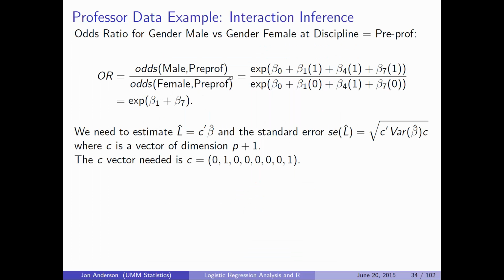If we go through the coefficients for the odds model for logistic regression, we'll have an intercept term. We'll have beta 1 multiplying the gender indicator, and the gender indicator is 1 for a male faculty member. The 4th beta parameter will be multiplied by a 1 because of pre-professional.